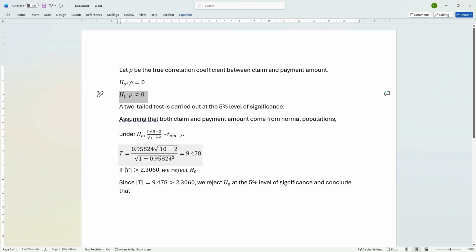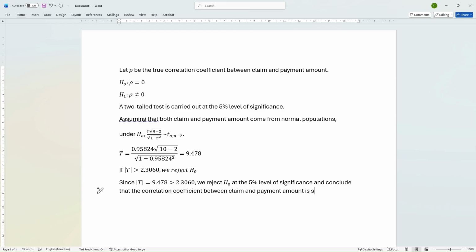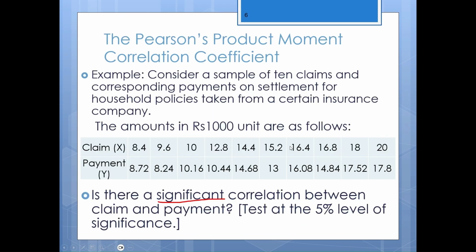In other words, the correlation of 0.95824 that we have computed is indeed significant, and we conclude that the correlation coefficient between claim and payment amount is significant. Remember that that was the question that we asked. Is there a significant correlation? So we have concluded that there is a significant correlation.